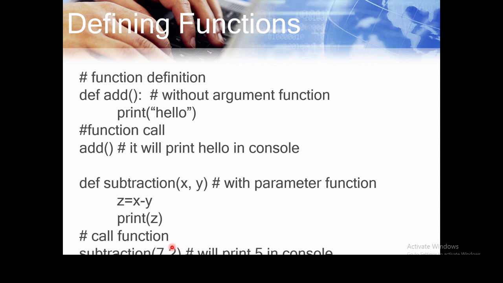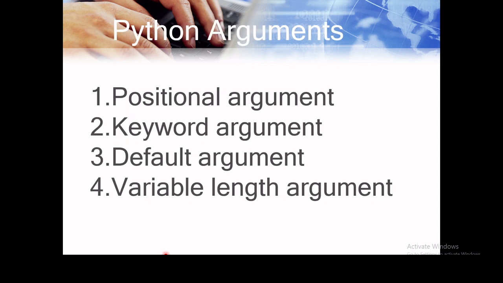So both are almost the same but a little different. Now, in Python there are 4 types of arguments: positional argument, keyword argument, default argument and variable length argument.